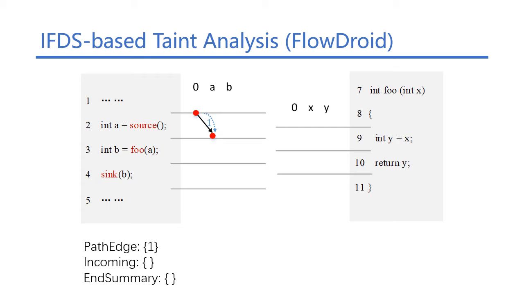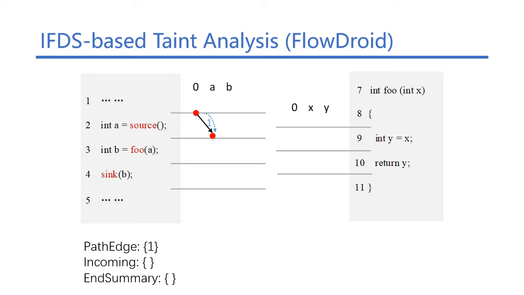Here, 0 signifies an empty set of facts, so new data flow facts can be generated at a program point. We assume that the source function is a sensitive API, so a data flow fact A is generated at line 2. The solid edge from 0 to data flow fact A represents this step.